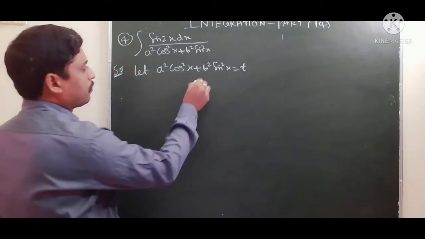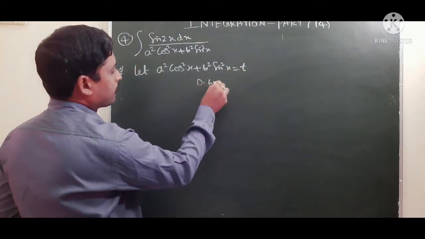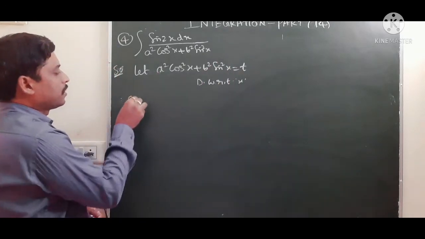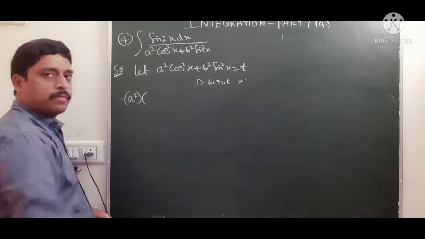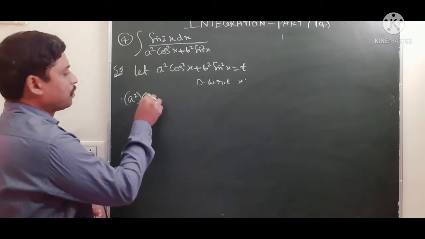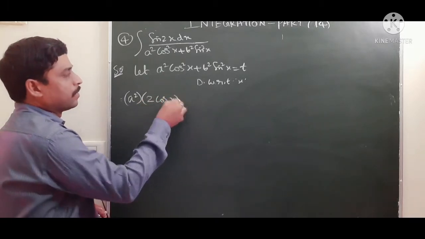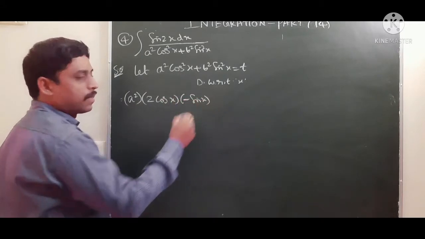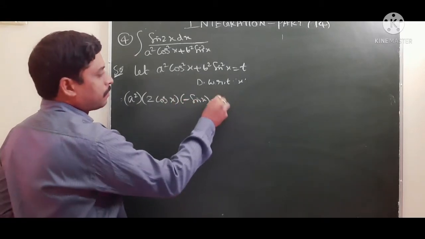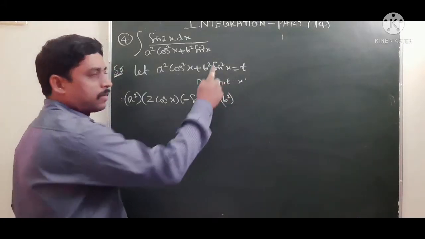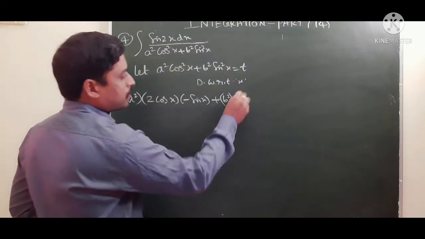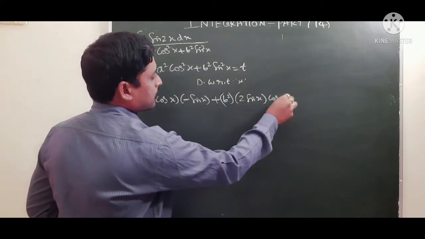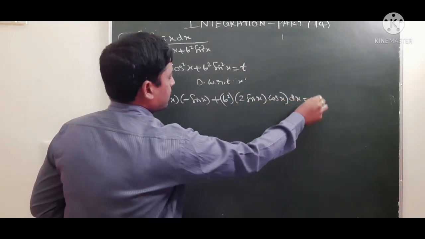Now take the derivative on both sides. A square is constant, the derivative of cos square x we get 2 cos x, but the derivative of cos x is minus sin x by using the same rule, plus b square into the derivative of sin square x we get 2 sin x, but the derivative of sin x is cos x, dx is equal to dt.